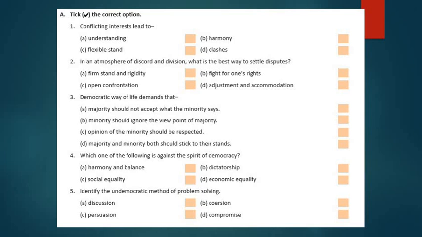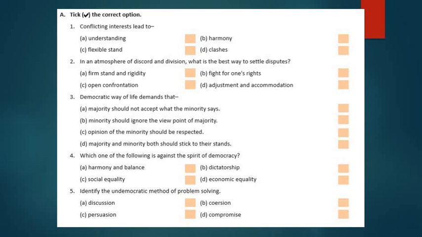This also does not happen. Opinion of the minority should be respected. Majority and minority both should stick to their stance. If both of them stick to their stance, then we cannot come to any conclusion. So in a democratic way of life, opinion of the minority should be respected. That is option C. That is the correct answer.